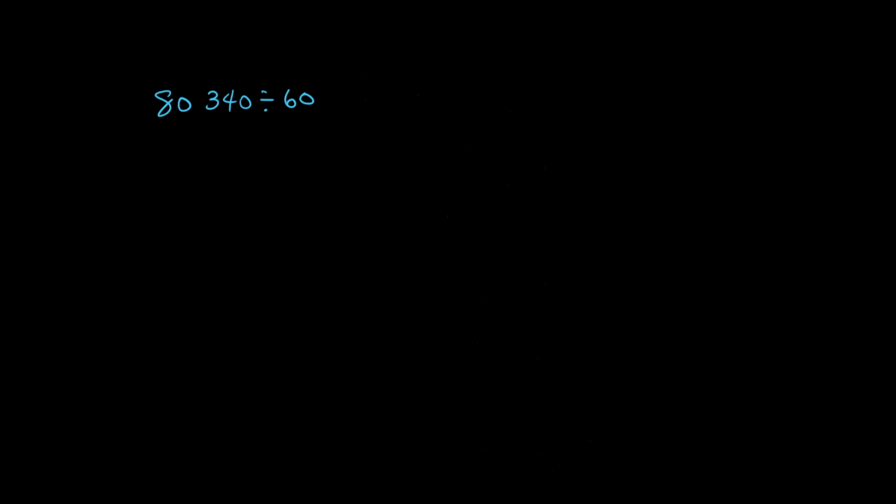Now let's take a look at this problem. Now let's say we had 80,340 divided by 60. You can pause the video and try this one for yourself. Now let's have this set out. So we'll have 80,340 divided by 60.